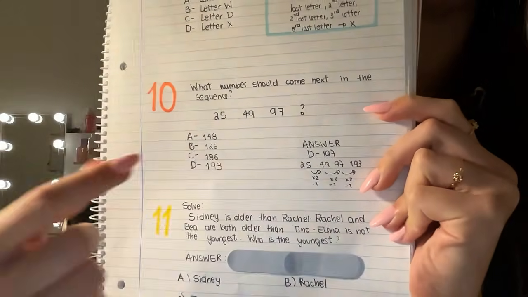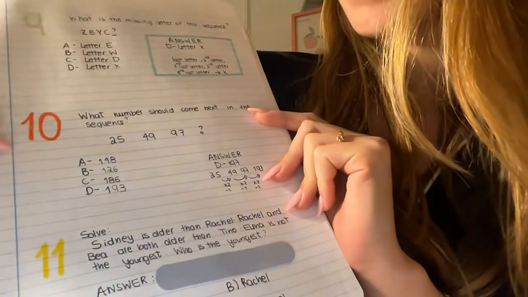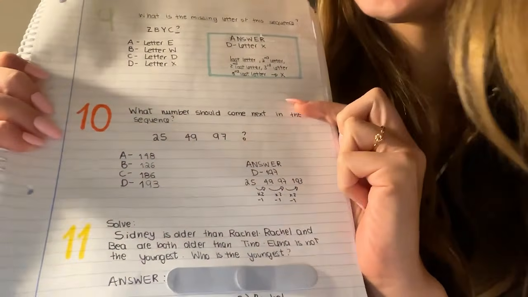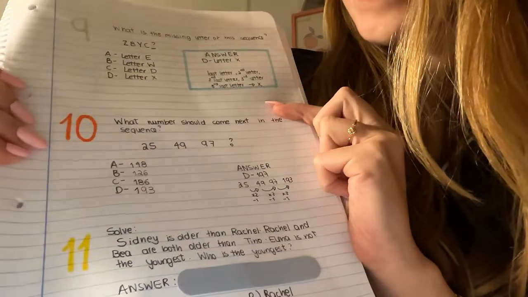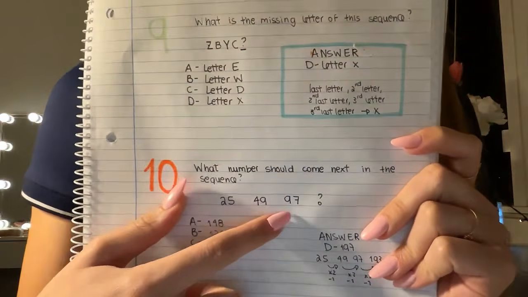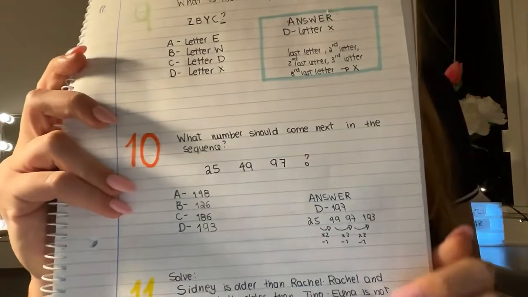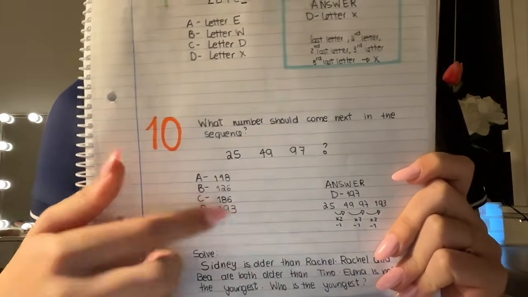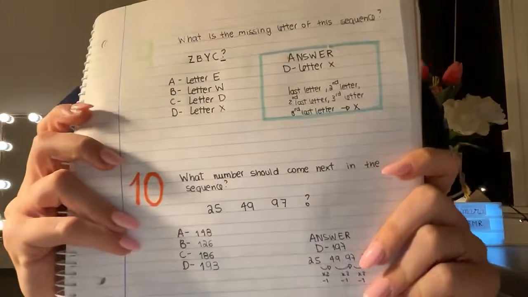So what we have to do here is we have to multiply 97 by 2, which is 194, and then we remove 1 unit from that answer, so we'll get 193. So did you get this one right?